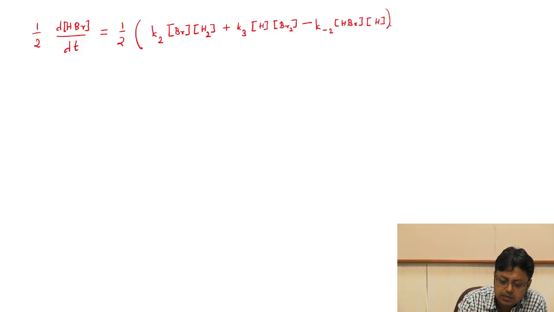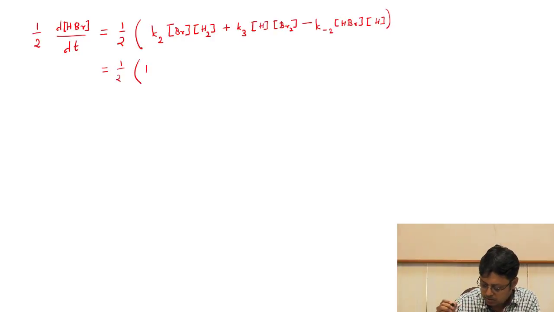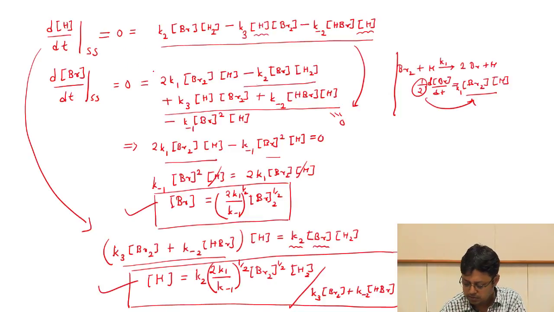So we have to insert the expression for the bromine. It is half times, now bromine, let us see what is the expression for bromine. It is 2K1 divided by K minus 1 to the power half, and bromine it will be Br2, sorry, the 2 should be inside, Br2 to the power half.